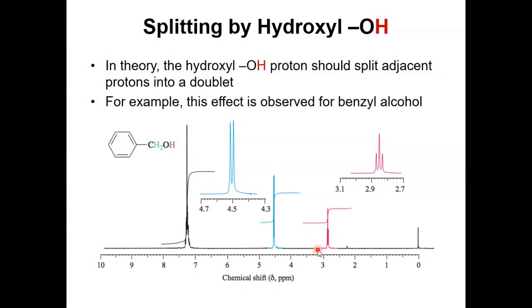If this peak is gone, then you know this is the OH group. So this is a very reliable way, although it's not 100% guaranteed because you could have some other protons that can also participate in the exchange reaction. It could, but usually it's pretty reliable.